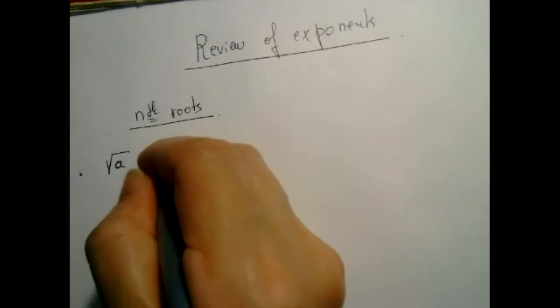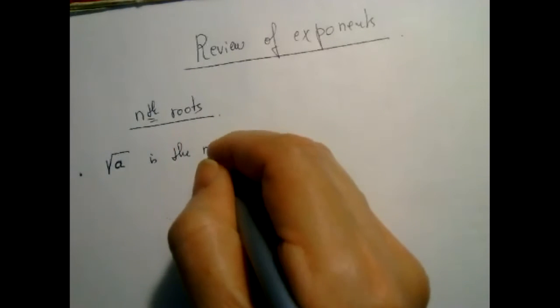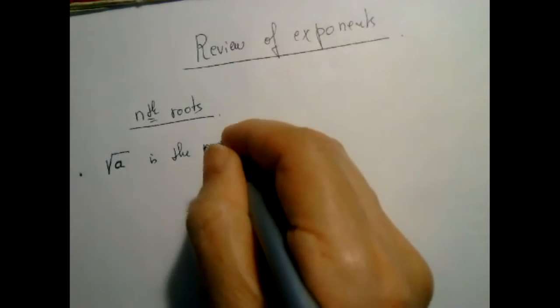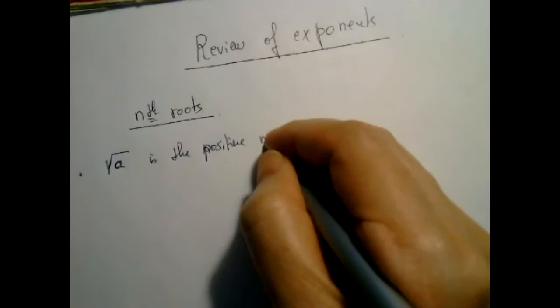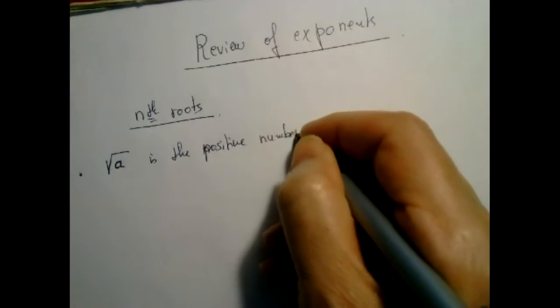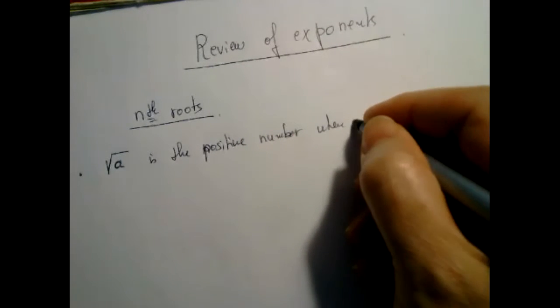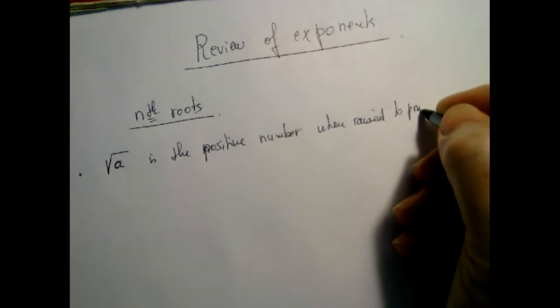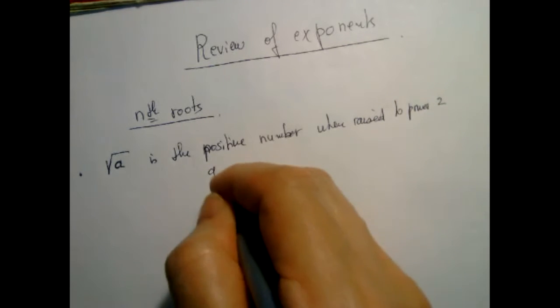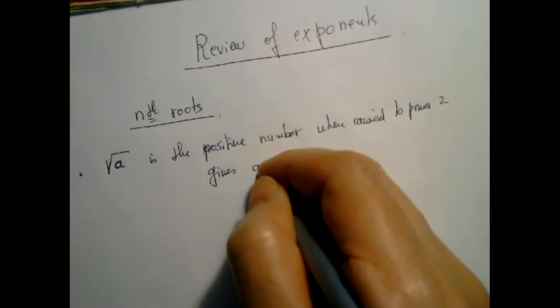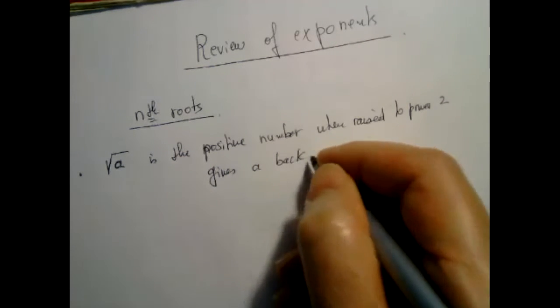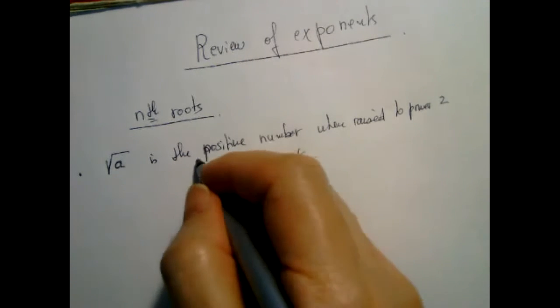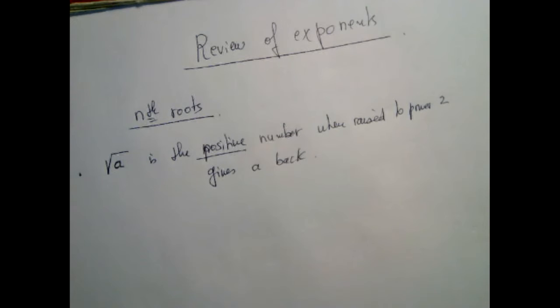The square root is just the positive number that, when raised to the power 2, gives a back. That's the definition.